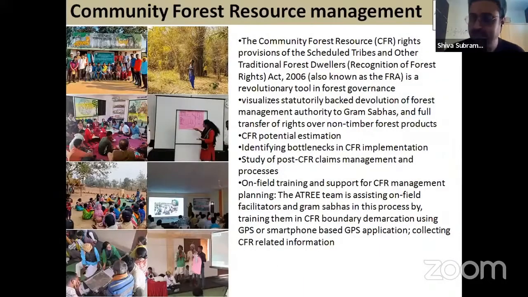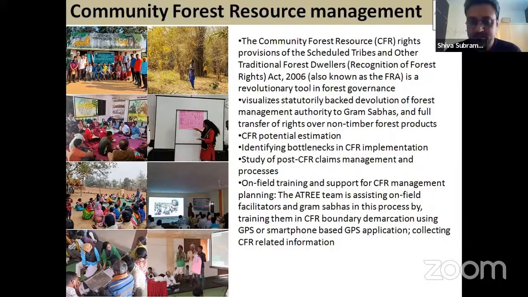When I said the constraints in implementation of CFR, there are different types of constraints, like say one is the coordination among the different authorities at the ground level, and then the lack of awareness among the local communities, and then the overlapping claims in CFR with respect to the boundaries, and then, due to lack of coordination among, say for example, the revenue department or the forest department, people really don't know what their claims are overlapping on.